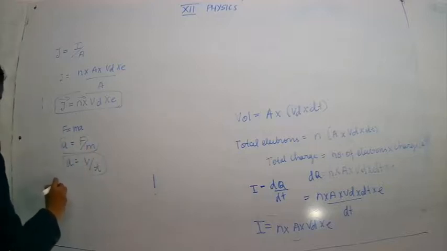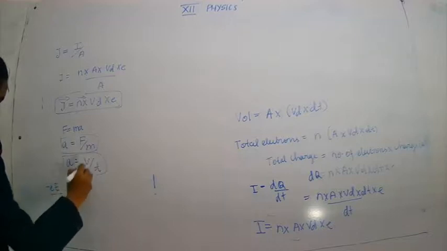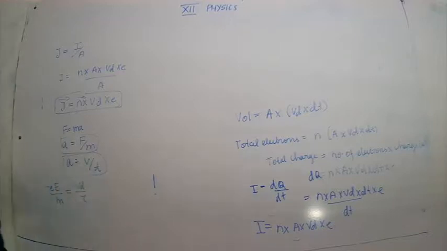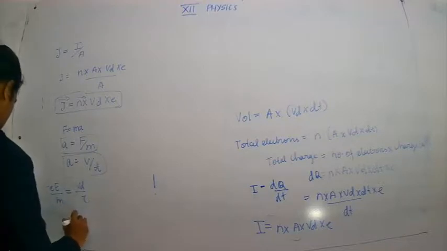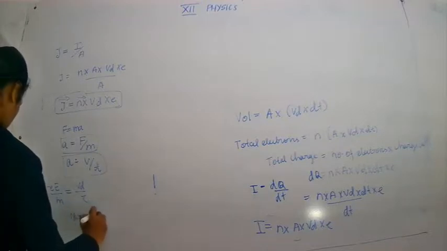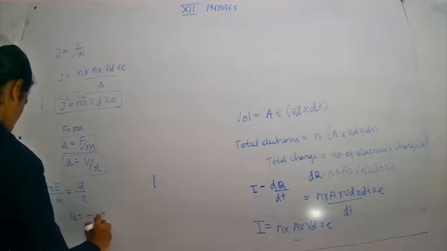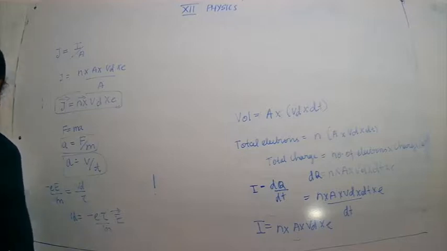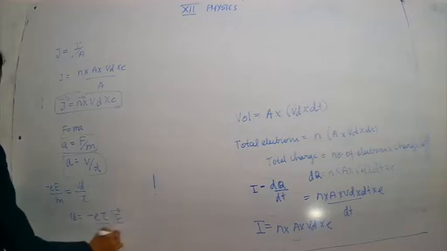Minus capital E by m is equal to drift velocity by mean time. Now, what is the drift velocity? That is Vd equal to minus e into tau by m into E vector. This is Vd.